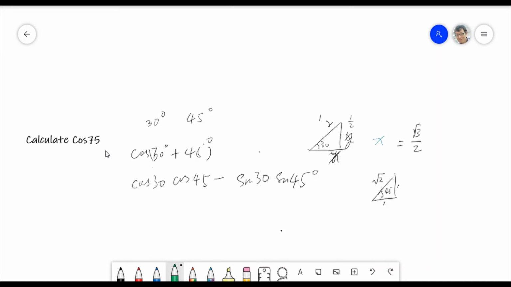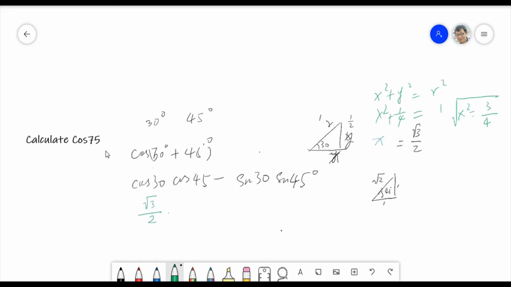Why? Because x squared plus y squared equals r squared. r here is 1, and y here is 1/2, so y squared is 1/4. So x squared equals 3 over 4. Then take the square root of both sides, so x equals square root of 3 over 2. So cosine is x over r, r is 1, so cosine 30 is square root of 3 over 2.